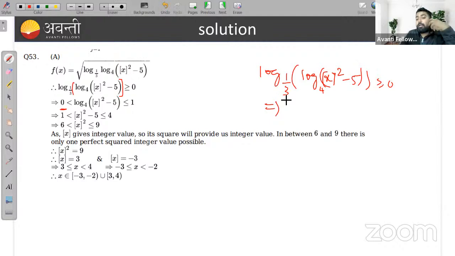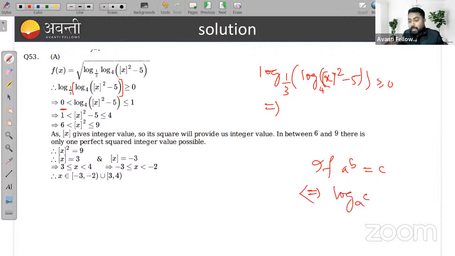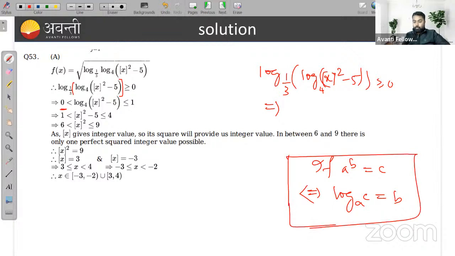If we take antilog on both sides, or you can say if we use the standard property, the standard law of logarithm: if a to the power b is equal to c, then we can say log of c to the base a is equal to b. If we use this rule here, so what will happen?